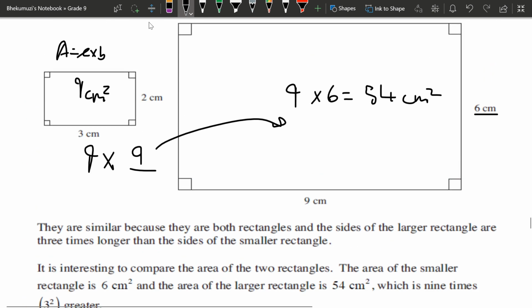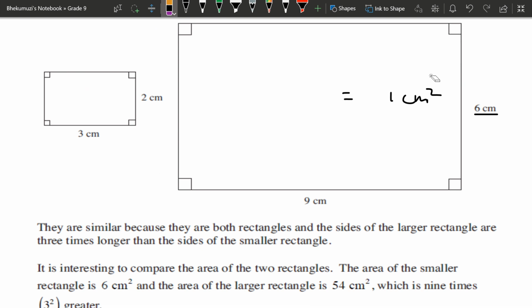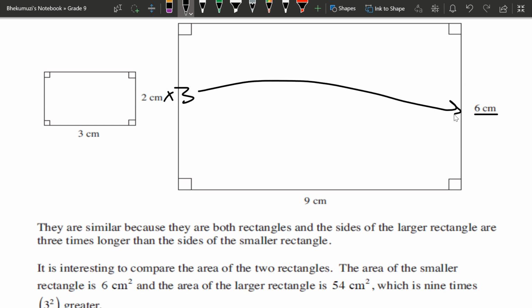Notice here that we said at first the length, just the length, not the area, this is 3 times to give us 6, right? And this is 3 times to give us 9, right? However, when we look at area, how could we see how much it would be enlarged?